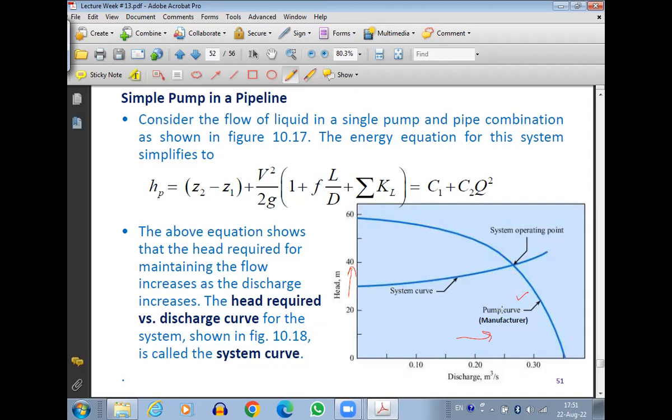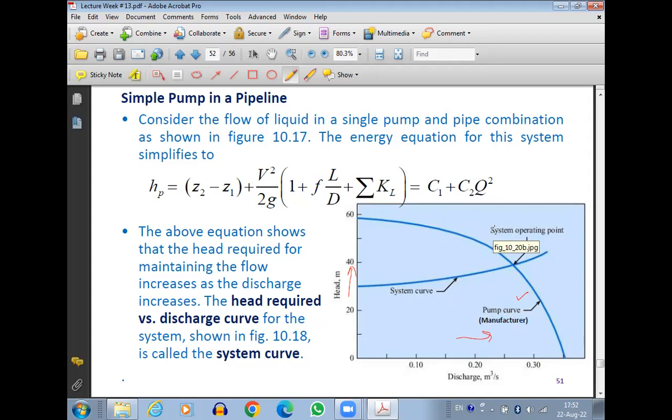So now we have a pump curve provided by the manufacturer, and we have a system curve based on our piping system needs. We combine the two curves together and find the point of intersection. The point of intersection of these two curves is known as the system operating point. This is the optimum point at which the performance of the pump would be the most suitable for the fluid pumping system that we have.